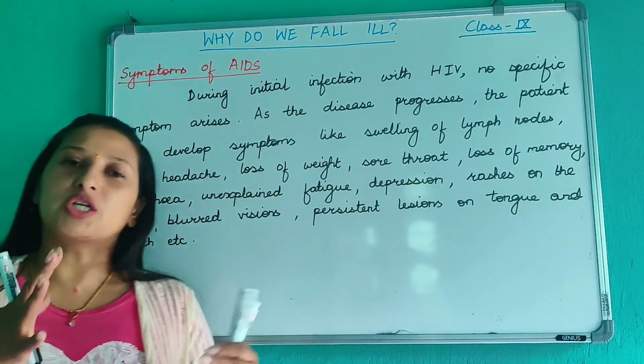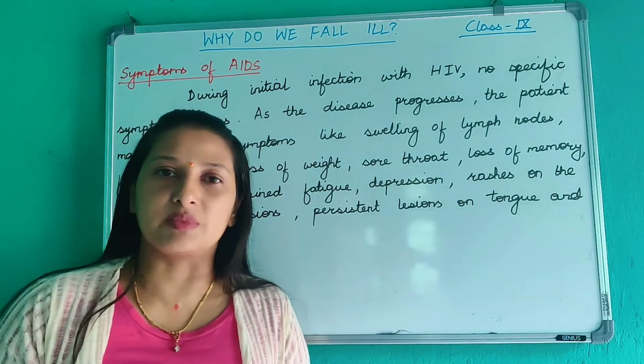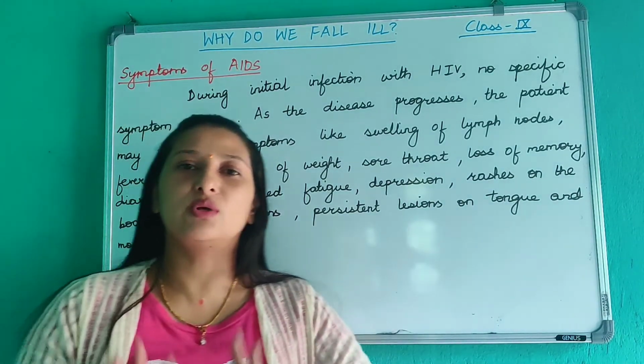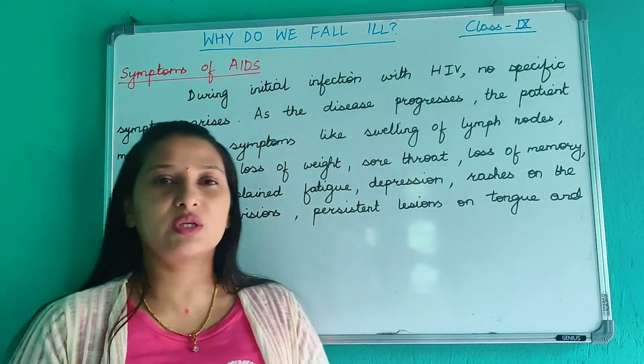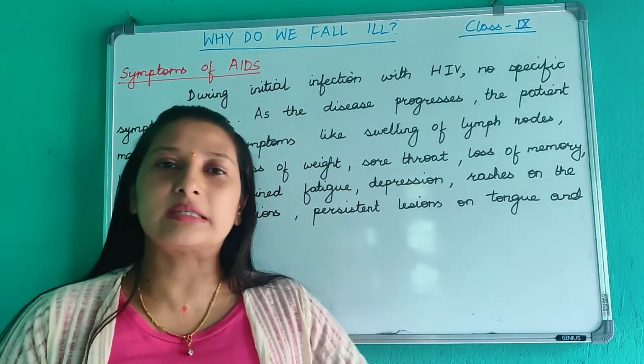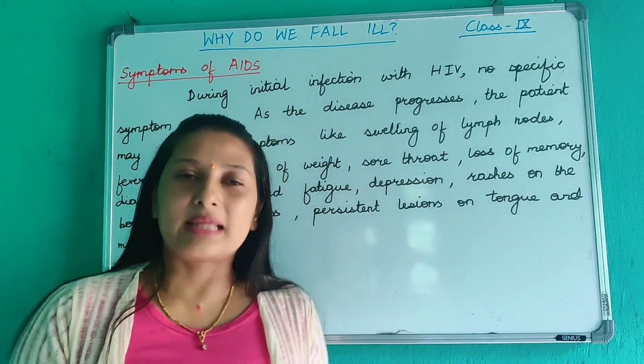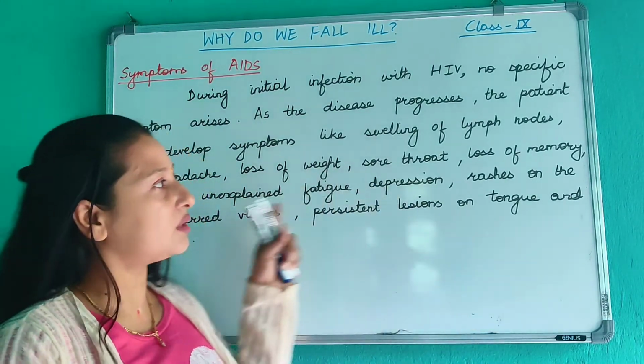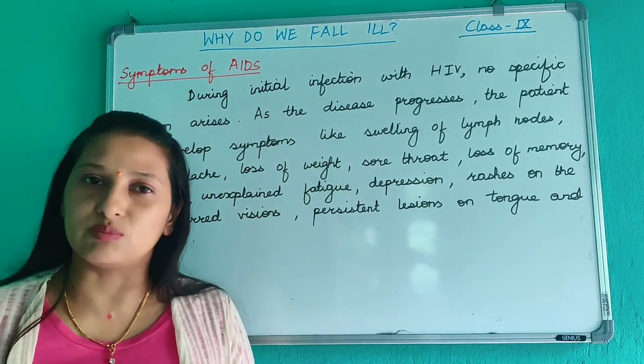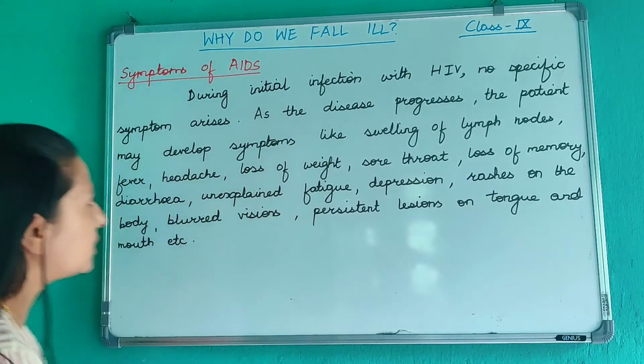So initially there will be no symptoms. The person will be normal. He will look normal. There will be no symptoms in the body. But when the disease starts progressing, then the patient may develop all these symptoms in the body. Okay.